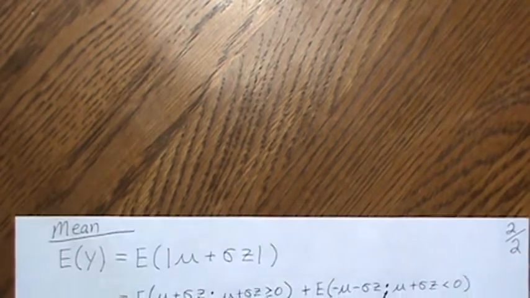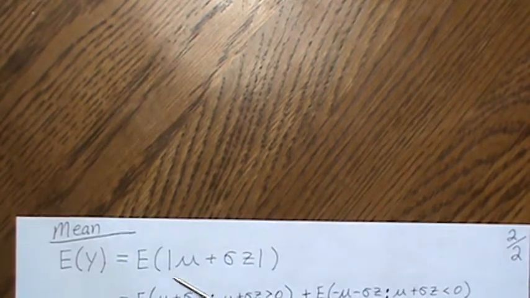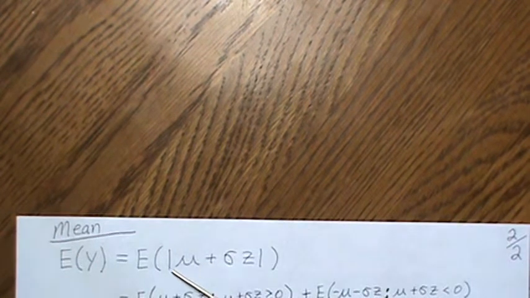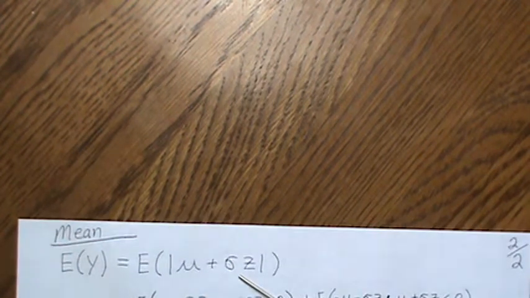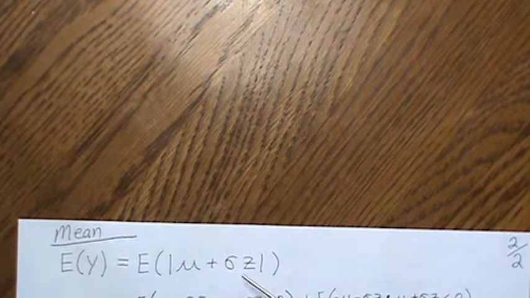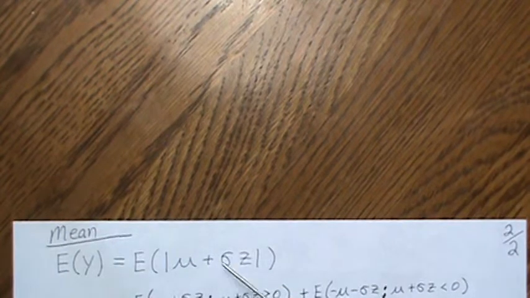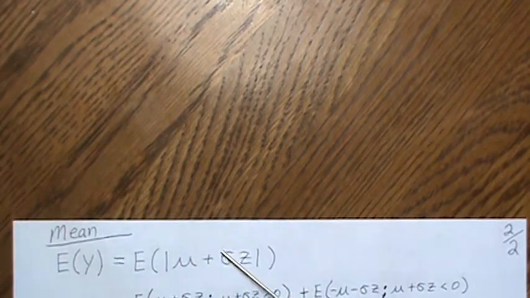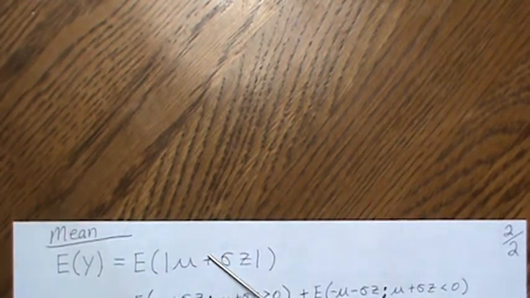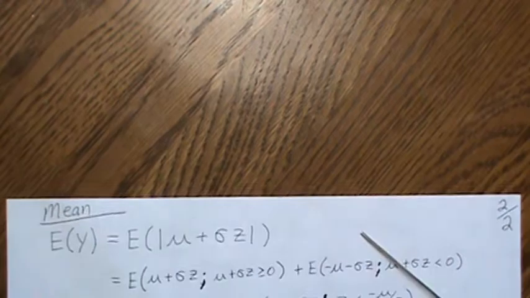So the mean of y is the mean of the absolute value of this quantity. Okay, but let's break this up and create indicator functions where this is positive and where this is negative. So we do it on both.